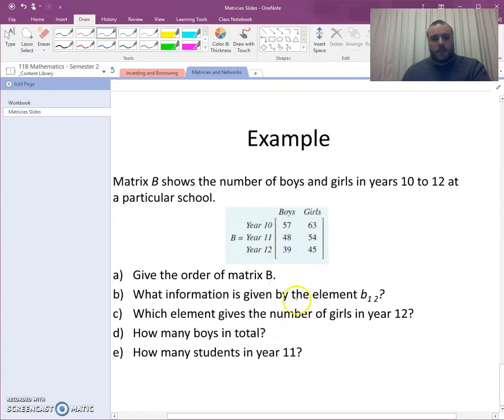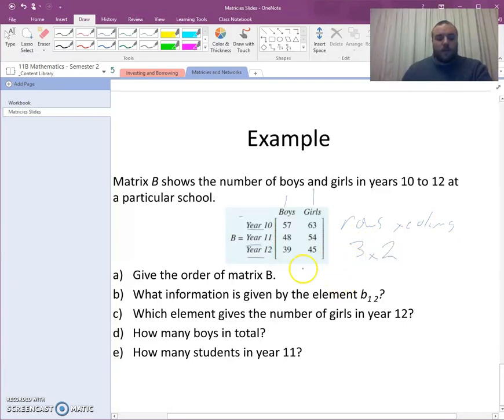Okay, quick example before I set you up to do some questions. Matrix B shows the number of boys and girls in year 10, 11 and 12 at a particular school. So I've got year 10, 11 and 12 as our rows, and the columns are boys and girls. Give the order of the matrix. So that's rows by columns, and it is 3 rows by 2 columns.